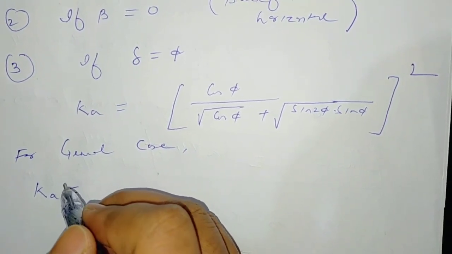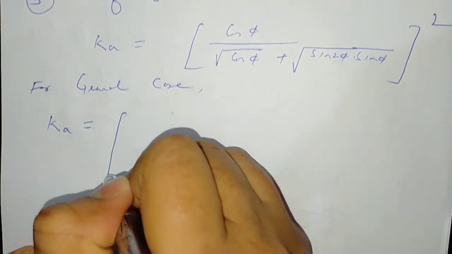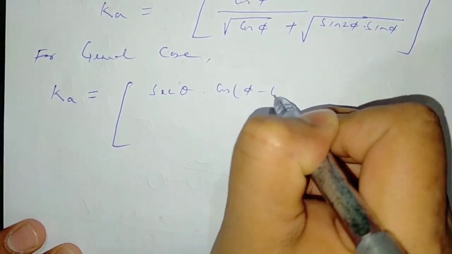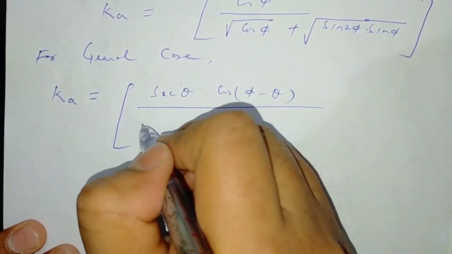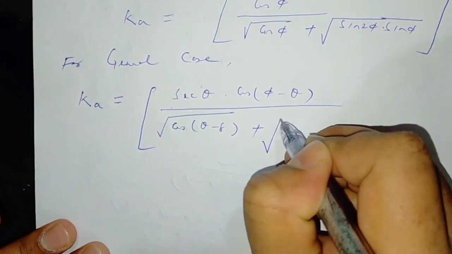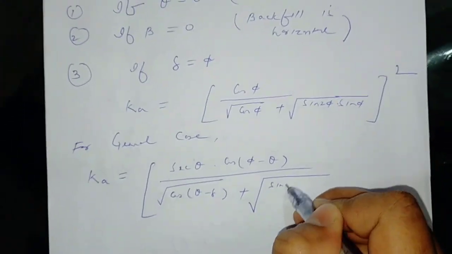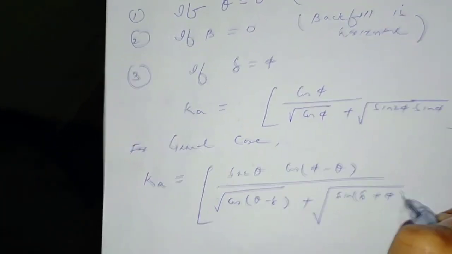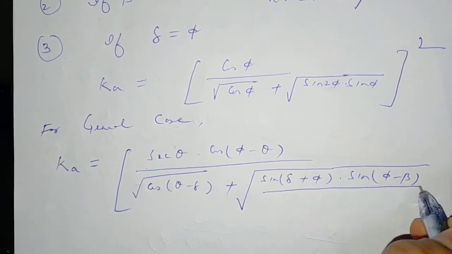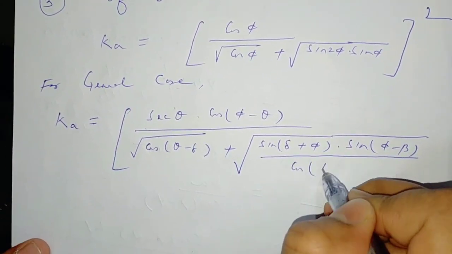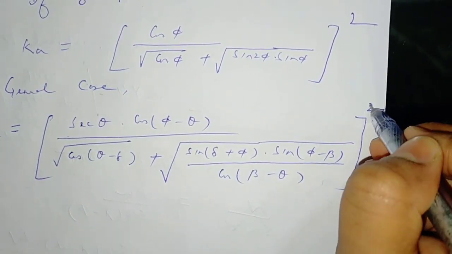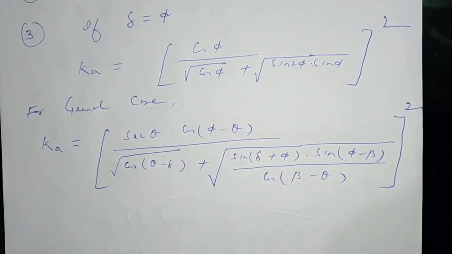So it is coming sec theta into cos phi minus theta divided by square root of cos theta minus lambda plus square root of sine lambda plus phi into sine phi minus beta divided by cos beta minus theta and entire whole square. So this is the coefficient of active earth pressure.